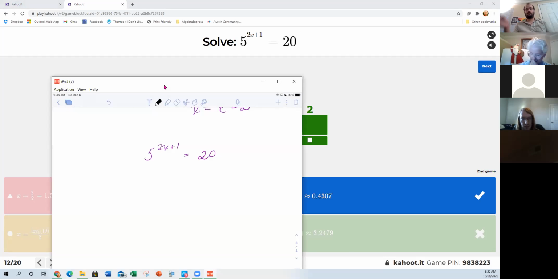So because this is base 5, there's more than one way to do this, but I'm going to take the log base 5 of both sides. That gets rid of this.